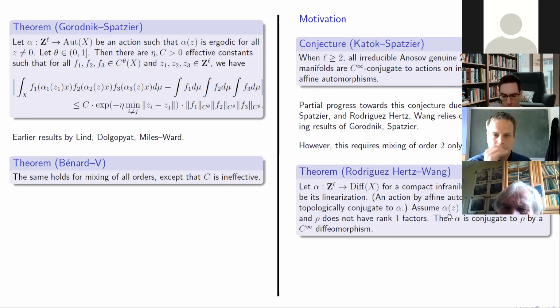But before, you assumed that all are Anosov. Actually, what they need is more Anosov elements, though not all of them have to be Anosov. If I remember correctly, their assumption is that there must be an Anosov element in each Weyl chamber, whatever that means. So they need several of these.